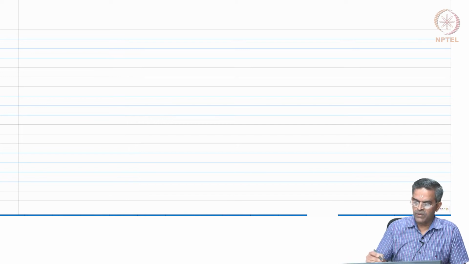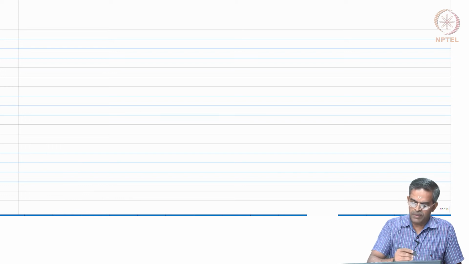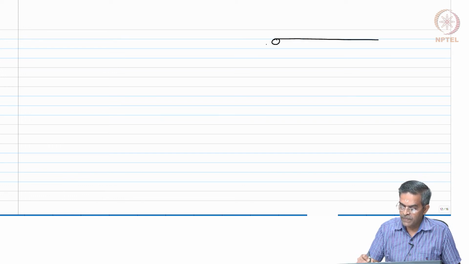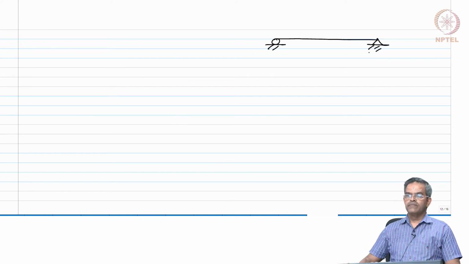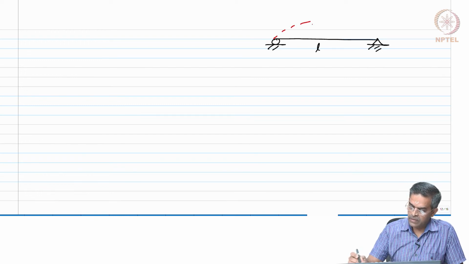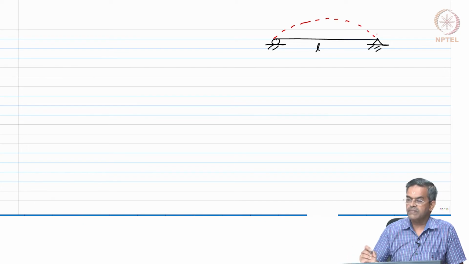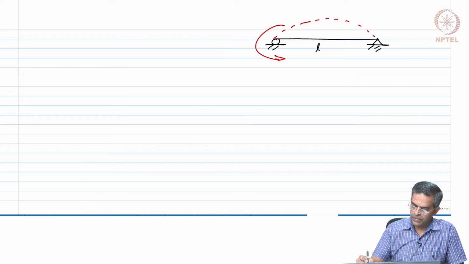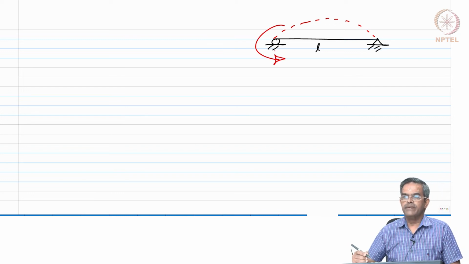So, let me draw the figure of the simply supported beam again. Is having length L. This is my displaced configuration. I want to give unit moment. Okay.